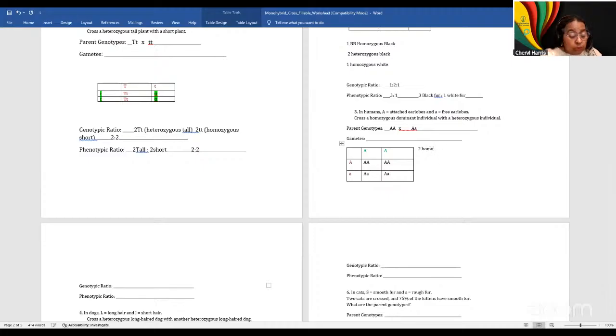I'm going to do this one for you, and then I'm going to leave it, because you all should be finished with homozygous attached earlobe. And then we have two on the bottom that are heterozygous.